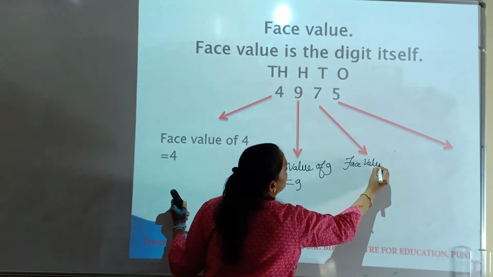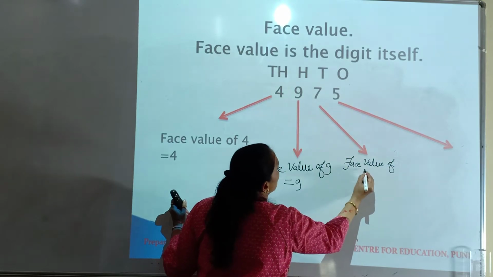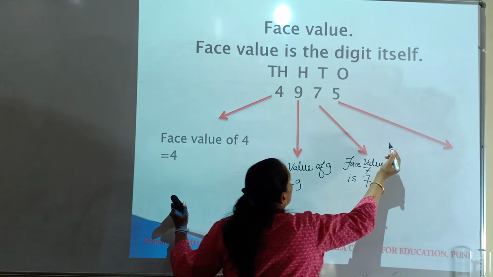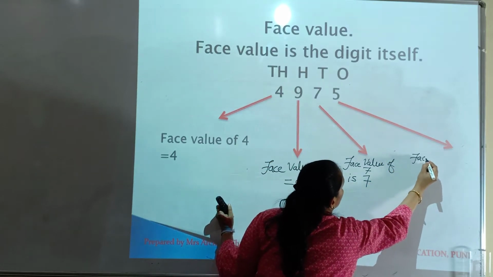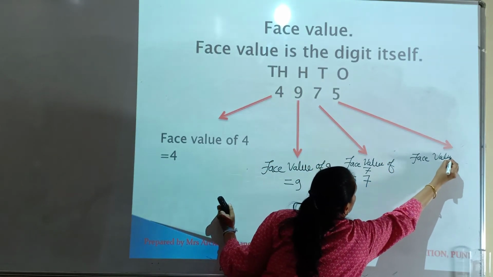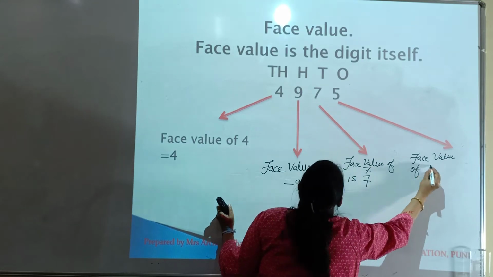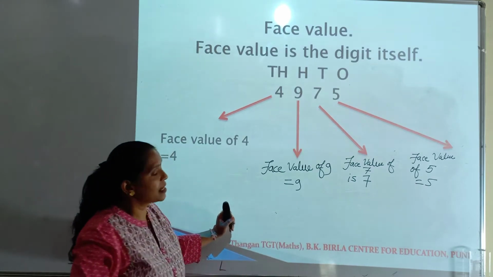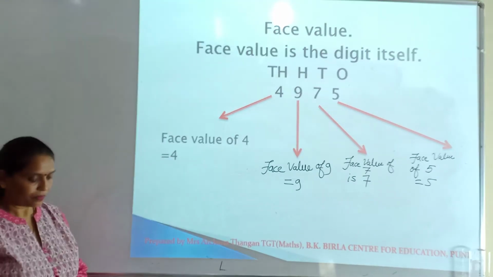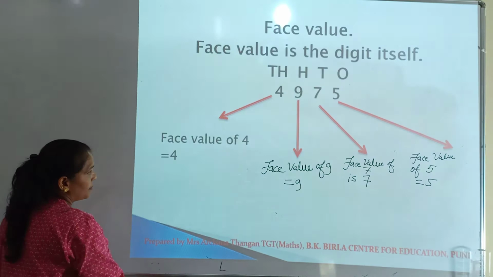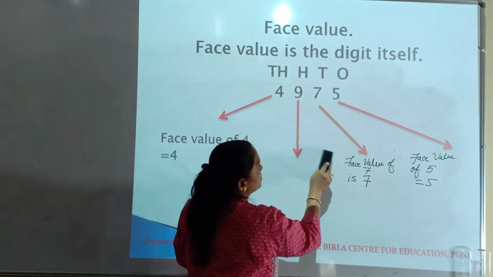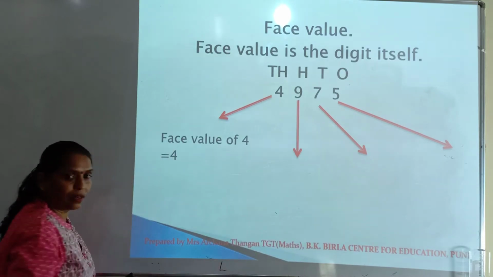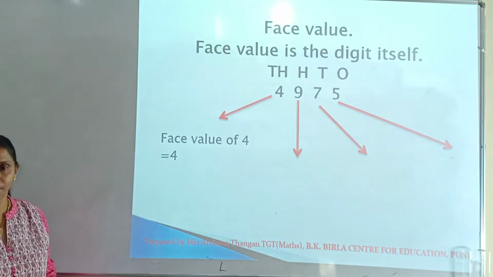The face value of 7 is 7. And the face value of 5 is 5. The face value means the digit itself. So this is the face value and place value we learned in the looking back lesson.